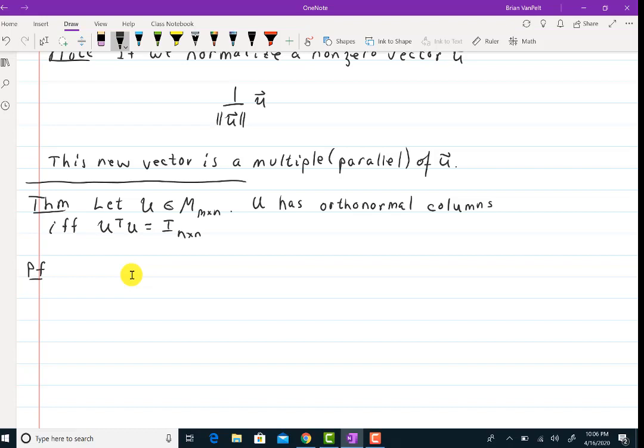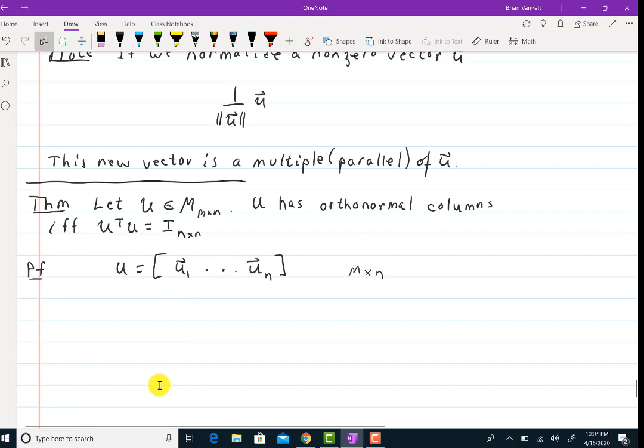Let's do the proof. Write U equals U1 through UN. Those are my columns for the matrix U. While I'm here, I want us to make sure that we know the sizes we're dealing with. Obviously, this has n columns. Each vector is size m by 1.